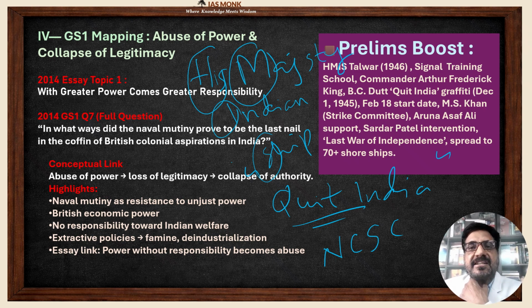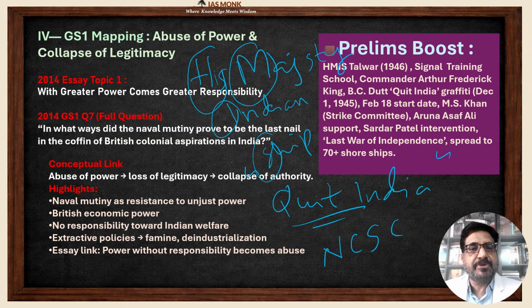Many later described this uprising as the last war of independence because it exposed the final erosion of British authority. For the colonial government, the message was unmistakable: when even disciplined servicemen reject power, its moral foundation has collapsed. So this was the message.